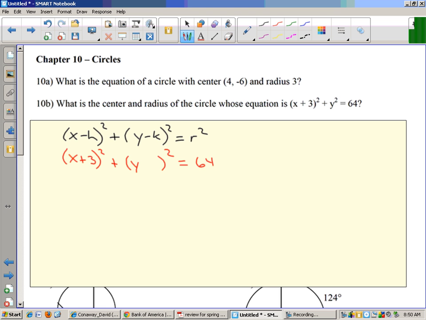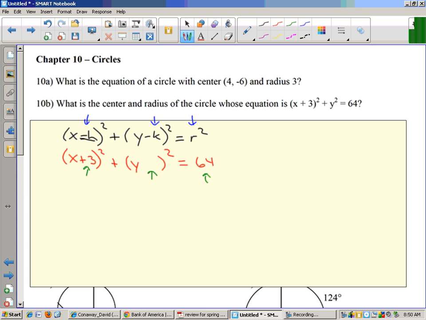So now I'm going to try to do a little deduction here and figure out what parts had to go here, here, and here to get this, this, this. So let's start with the first one. What had to go in for negative h to give me a positive 3? Well, like we saw in the previous one, if I put in a negative and a negative, I end up getting positive.